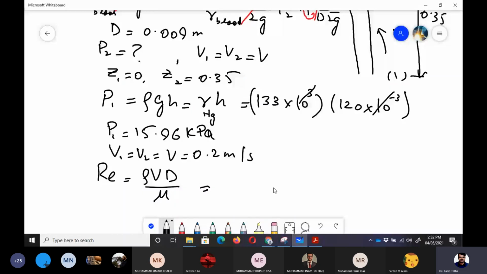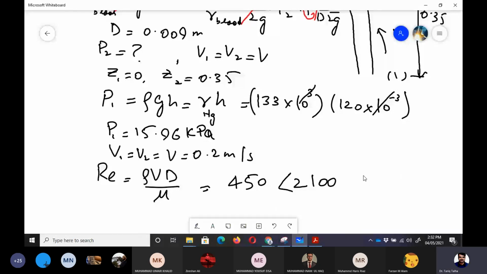That value comes out to be 450. So it is less than 2100, which means the flow is laminar.